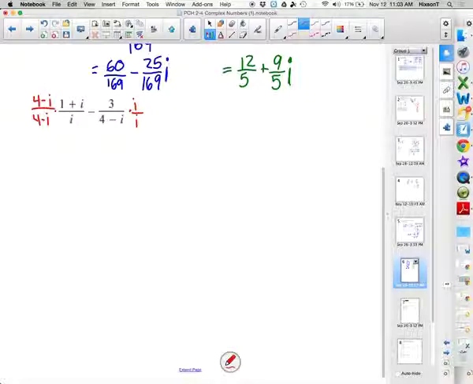Is it going to rationalize them? No, but we can deal with that later. Okay? You have the option here. You could either rationalize both denominators first and then get a common denominator, or like Gloria did here, we're getting a common denominator first and then rationalizing it at the end. Either way will work. Okay?